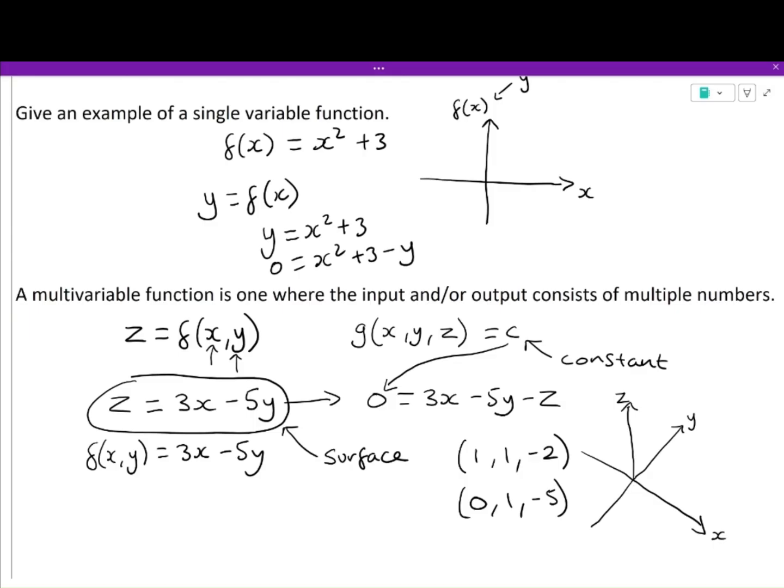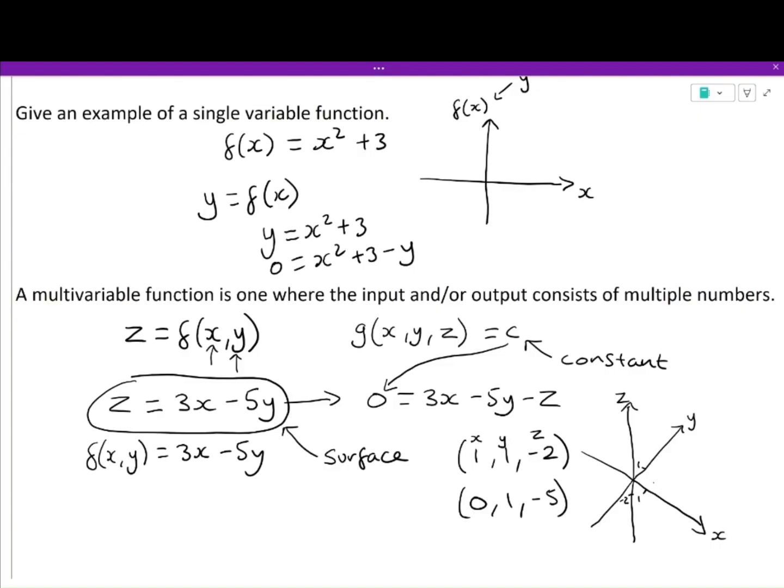So if I wanted to plot these points, this first one, we got x, we got y, and then we got z. We got 1 in the positive x direction, so that would be here. We got 1 in the positive y direction, so that would be over here. And then from there, if I extend my z-axis downwards, I'd go down. It's hard to draw this out, but essentially negative 2 would be down here.